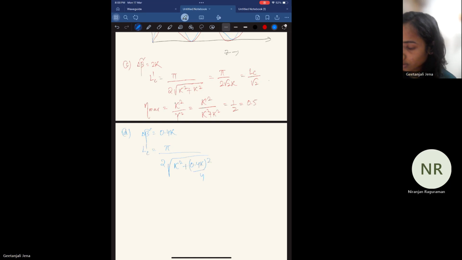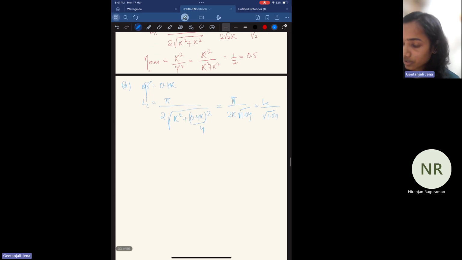So this will come around pi by 2k square root 1.04. So LC by square root 1.04, which is approximately 1. So eta max is now kappa square over gamma square, which will come around 0.96 if you put the value of kappa and delta beta.